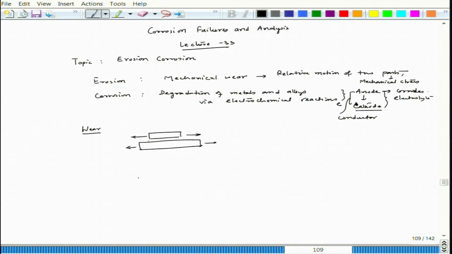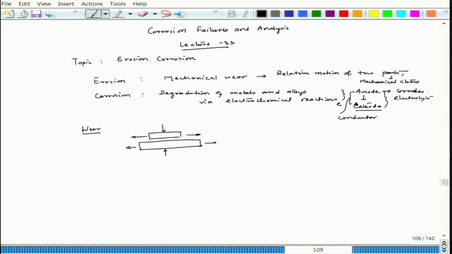So, one can be stationary, one can move, or both can move in a relative way. That relative motion could be simple reciprocating type, or it can be rotating type, but there will be also mechanical stress or pressure acting between these two parts, and the interface between them.